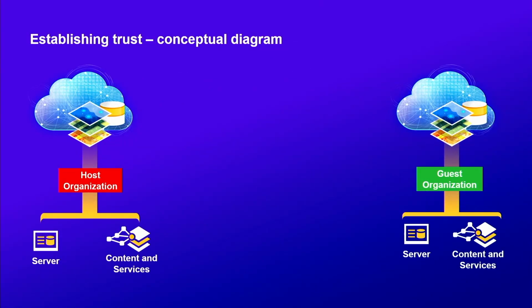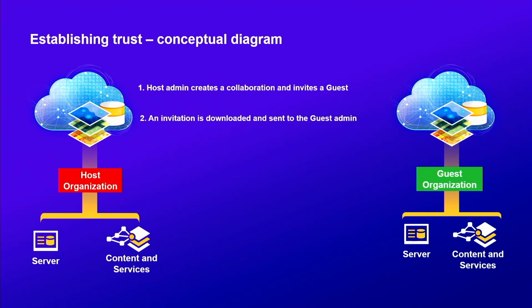So in this conceptual diagram, on the left-hand side, I have a host organisation. On the right-hand side, I have a guest organisation. The host admin creates a collaboration and invites a guest. An invitation is downloaded by the admin and sent to the guest organisation outside of the system.